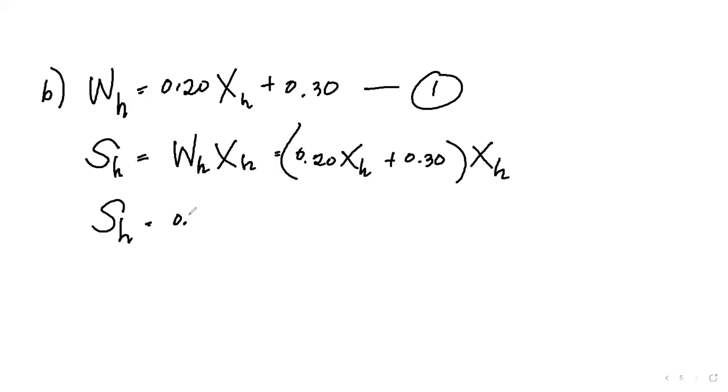So you have 0.2 X sub H squared plus 0.3 X sub H. This is already our second equation.